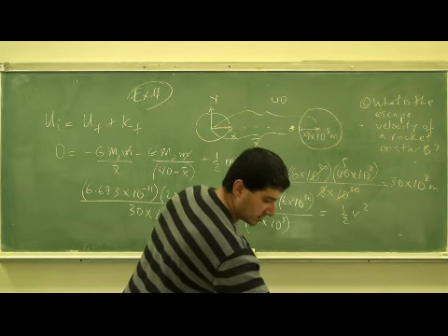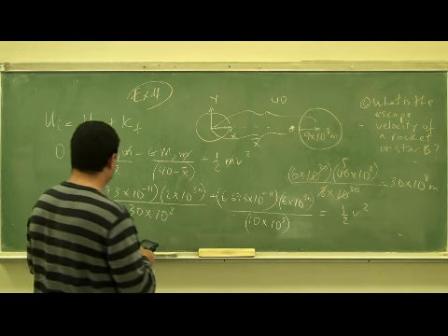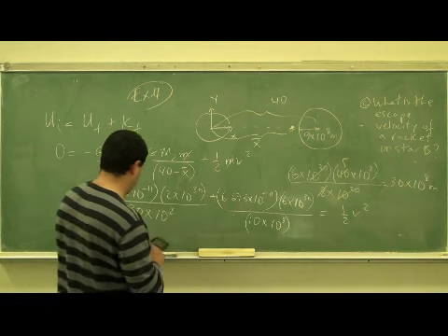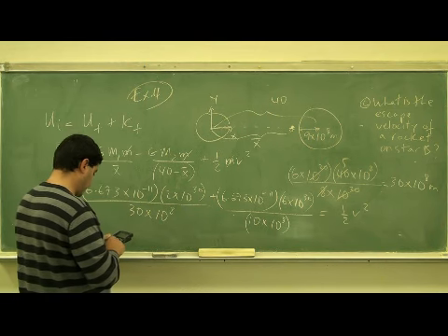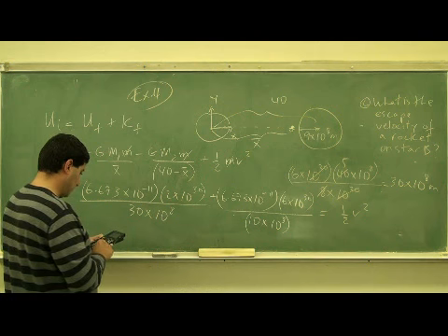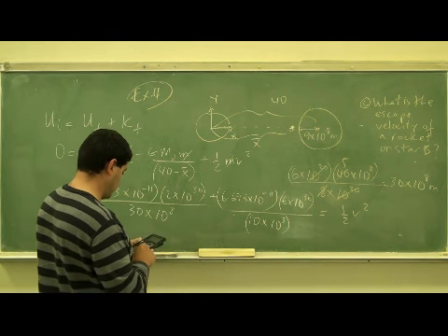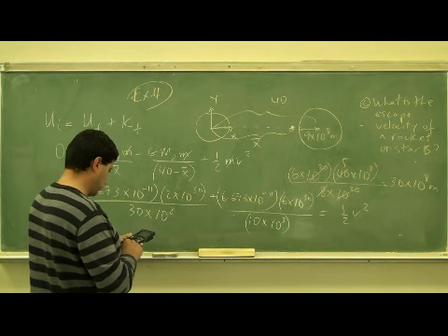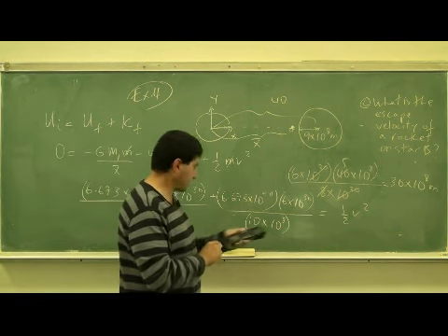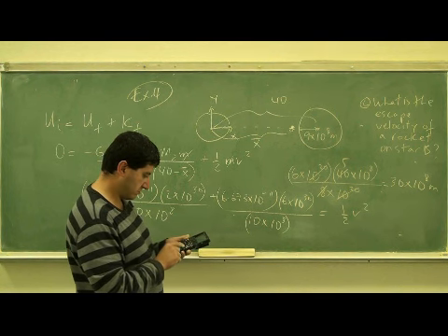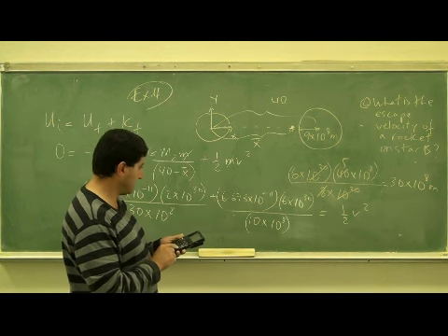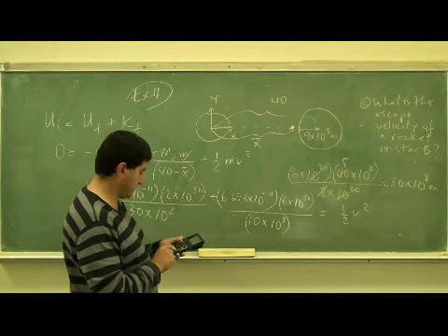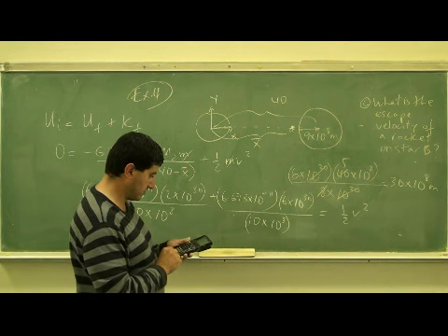So let's calculate this and see what kind of answer it gives us. I'm going to factor out this G first and just calculate this. 2 times 10 to the power 30 divided by 30 divided by 10 to the power 8, plus 6 times 10 to the 30 divided by 10 divided by 10 to the power 8.